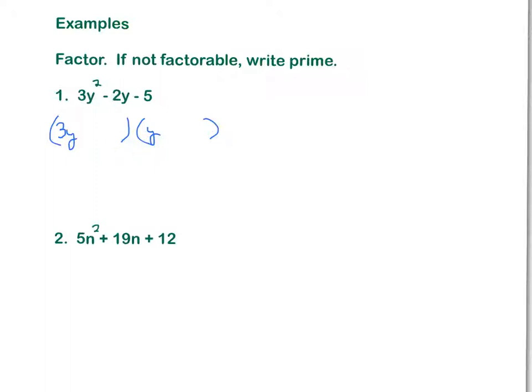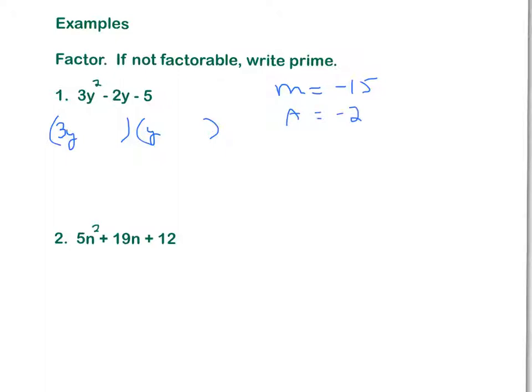So the way I do this is I use my method that I used in factoring the trinomials with the 1x squared, but in this case I'm going to find two numbers that multiply to give me the 3 times the -5. So it's always the first times the last when it's in descending order, so that's going to give me -15, and add to give me -2. So I still want to add to give me that -2.